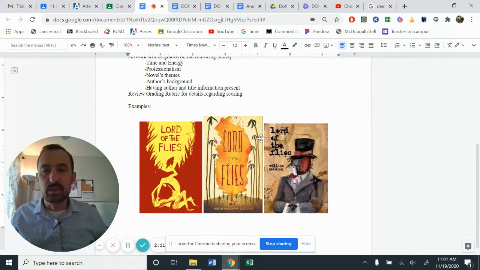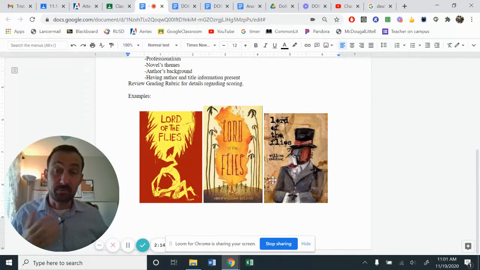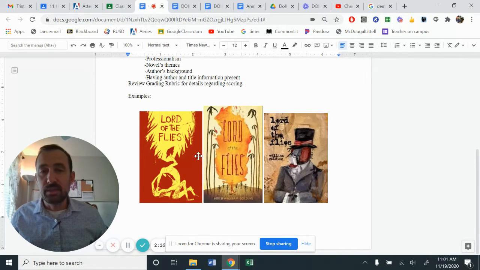I gave you 3 examples here from Lord of the Flies. They each convey a different idea. So if you remember all the way back to our Lord of the Flies unit, you've got 2 boys about to kill each other, and you'll notice one is holding the conch, that symbol of authority.